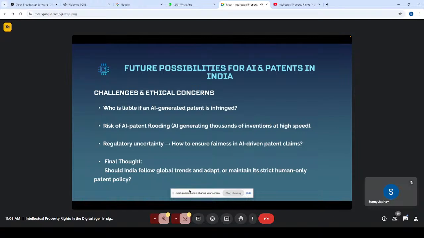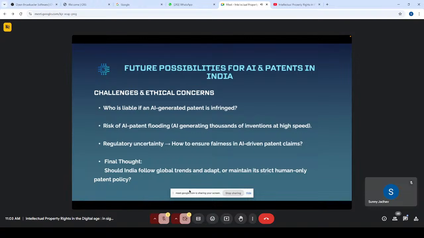Then, regulatory uncertainty: how to ensure fairness in AI-driven patent claims. What is AI inventing, what is the scope, and how are we going to claim those particular inventions, whether it is fair, whether it is ethical?